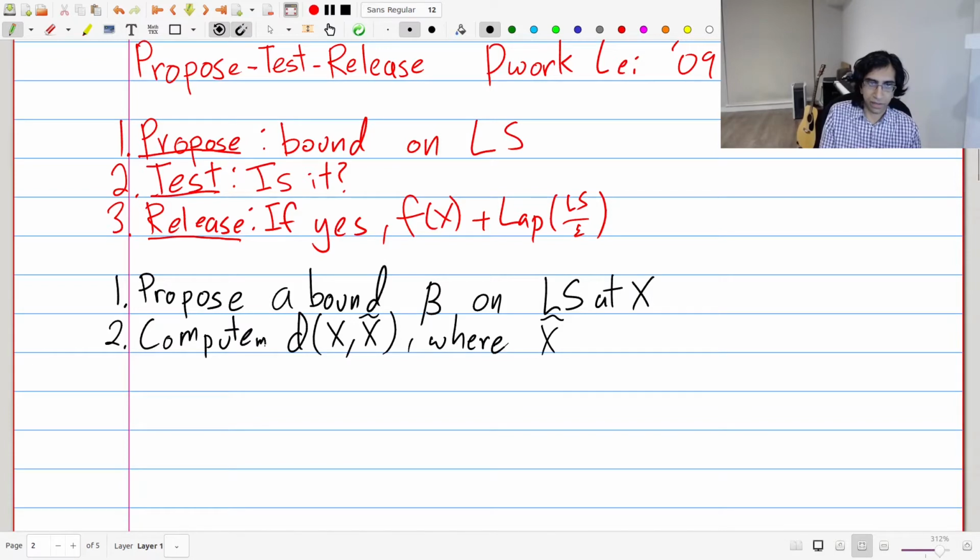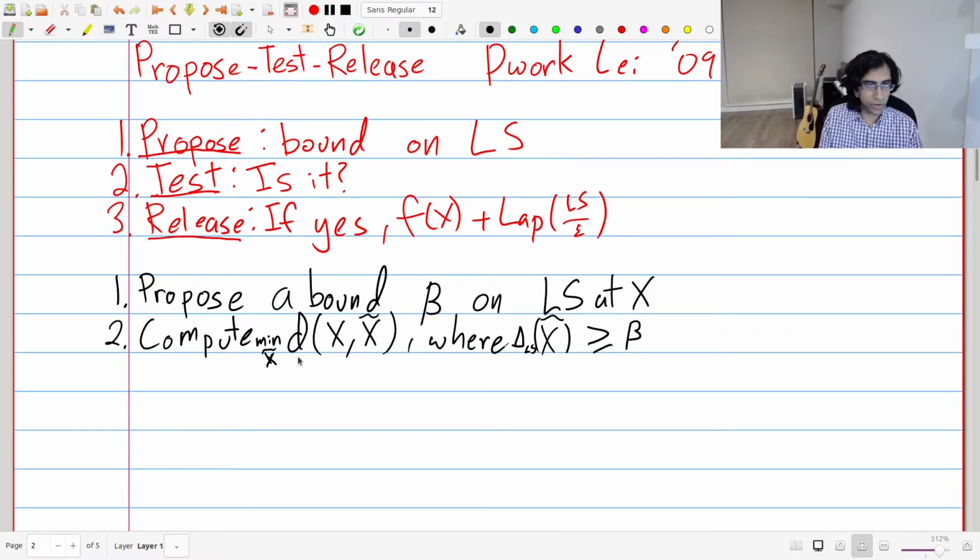Sorry, let me say this. The min over all data sets x tilde, where x tilde has local sensitivity, delta LS at x tilde, greater than or equal to beta. What I'm trying to say is that the first step is you find the nearest data set x tilde to the true data set where the local sensitivity on this new data set is greater than beta.